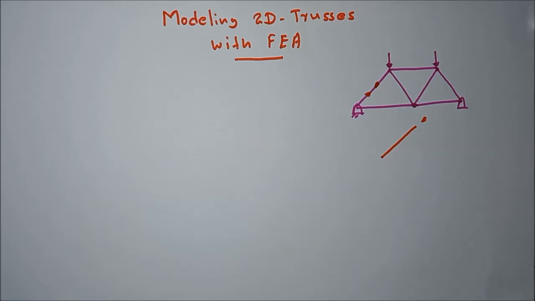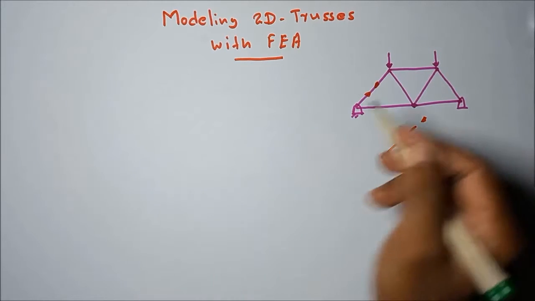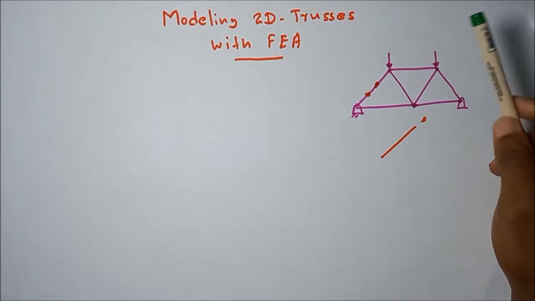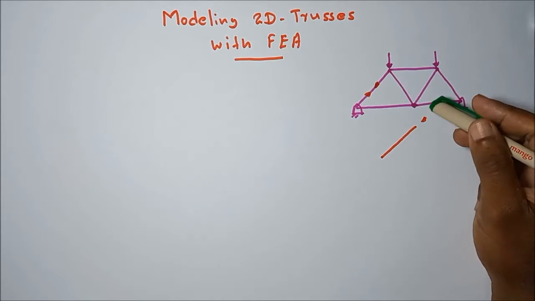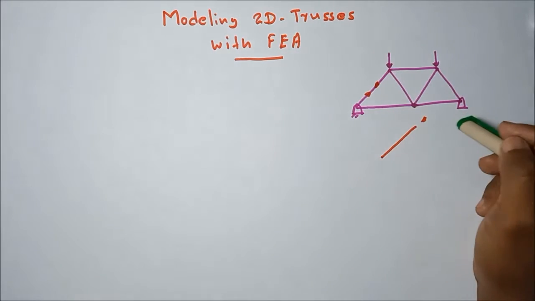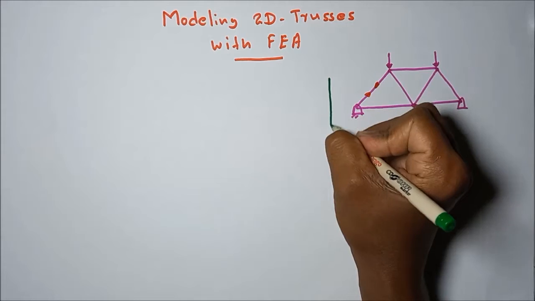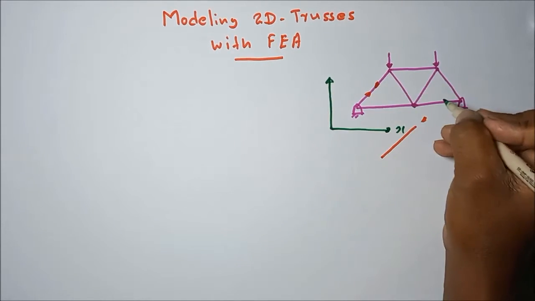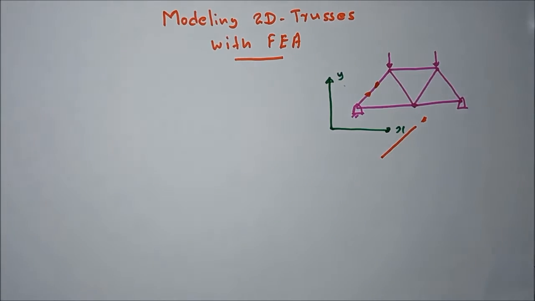Let me take this example truss here. According to the natural position of the truss structure, we have to assign the global coordinate system. What are the suitable global coordinate directions?